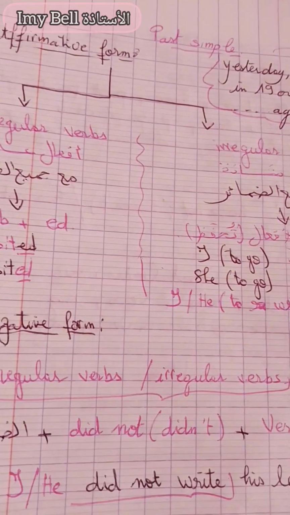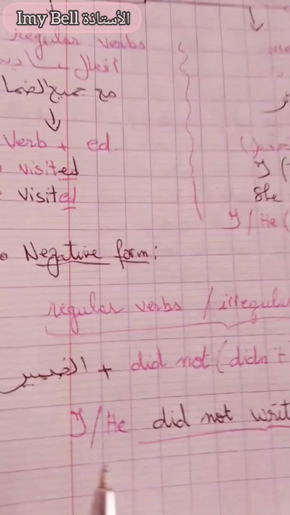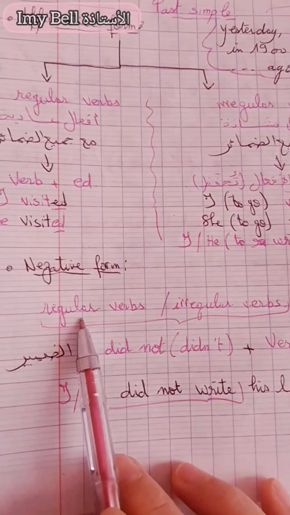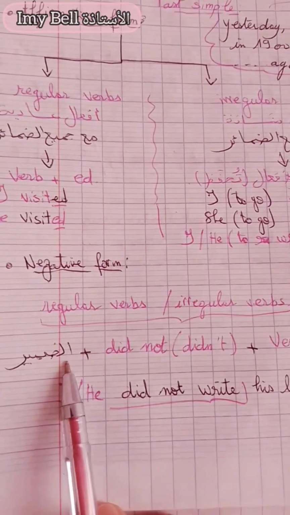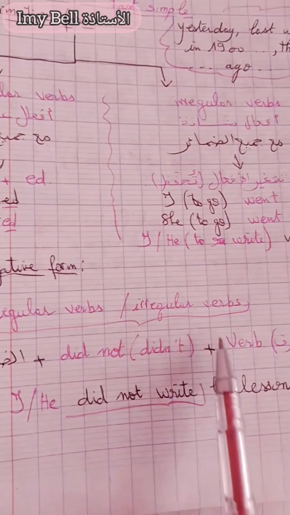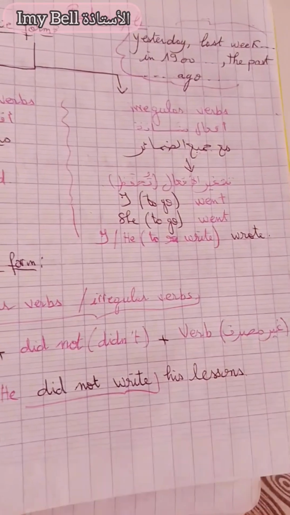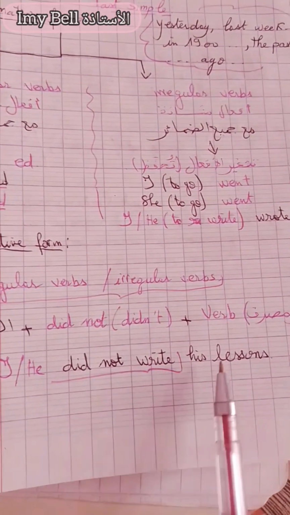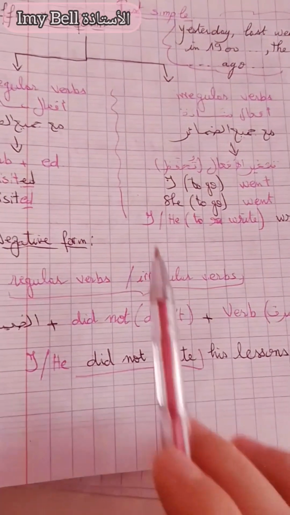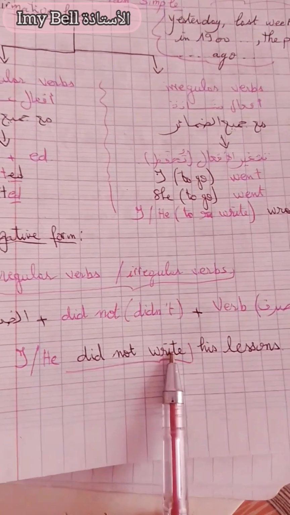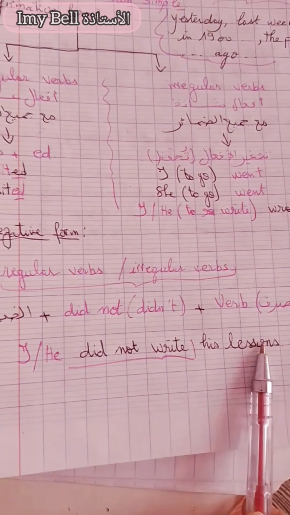The negative form in the past simple, we have regular verbs or irregular verbs. We have الضمير نزيدوا له did not or didn't plus the verb غير منصرف. For example, I or he did not write his lessons. لو كان جت جملة غير منفية نقولوا I or he wrote his lessons.